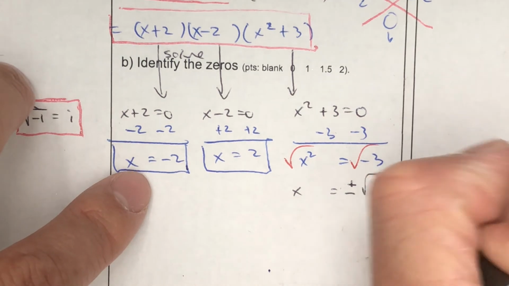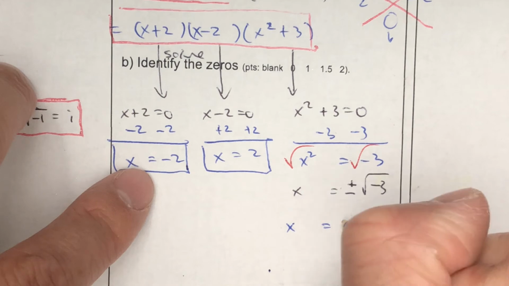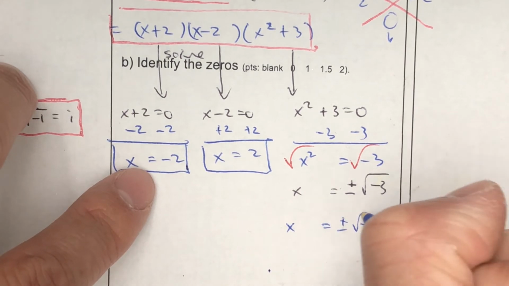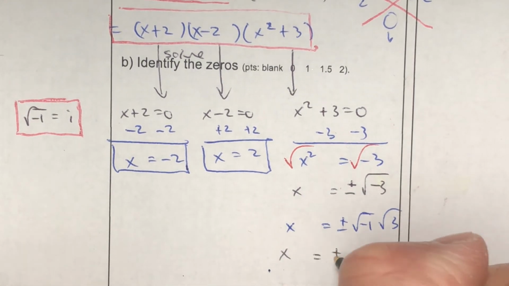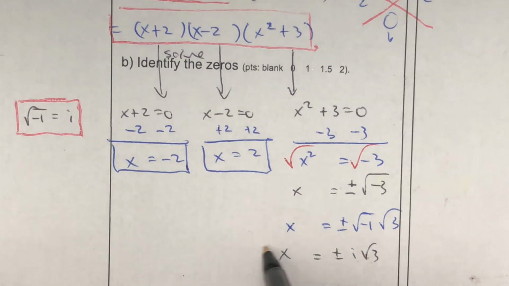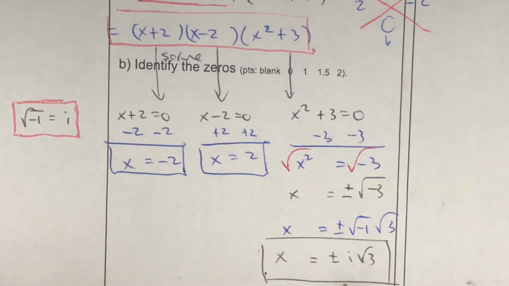And then you have the square root of -3. The factors are -1 and 3. Square root of -1 is i. So this zero is x equals plus or minus i radical 3.